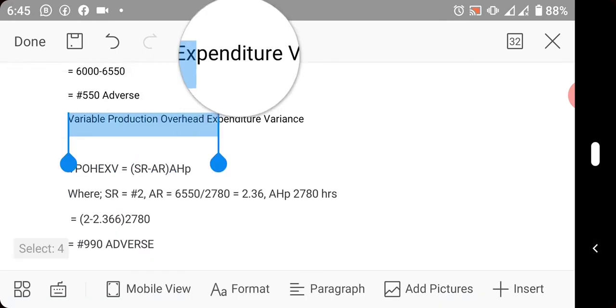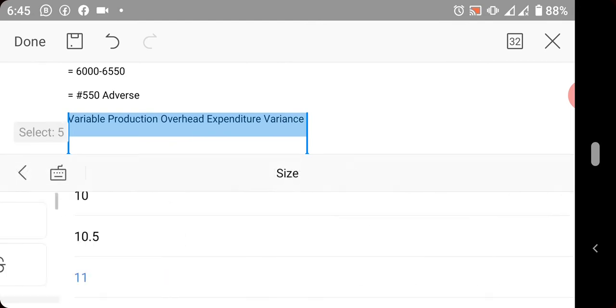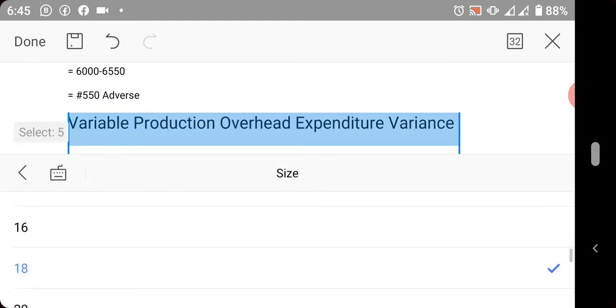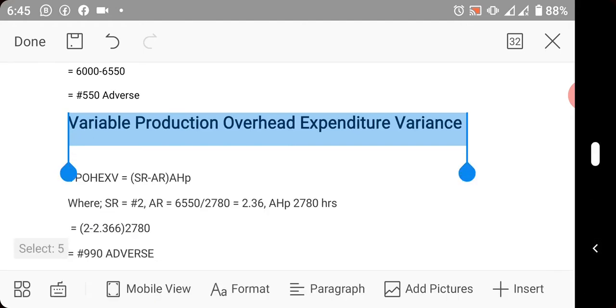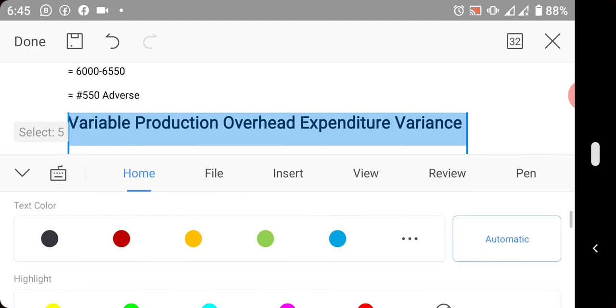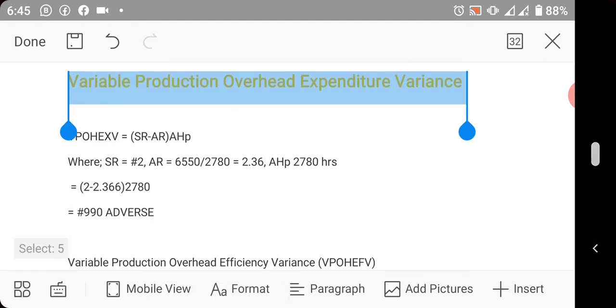So we'll now look at production expenditure variance. Production expenditure variance is also very simple. Let me increase the font. So the formula remains the same as labor expenditure variance. The standard rate is 2 naira.